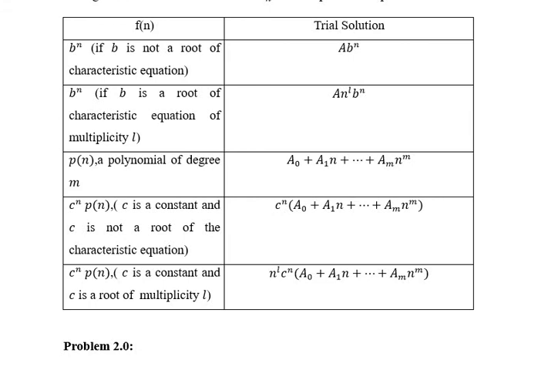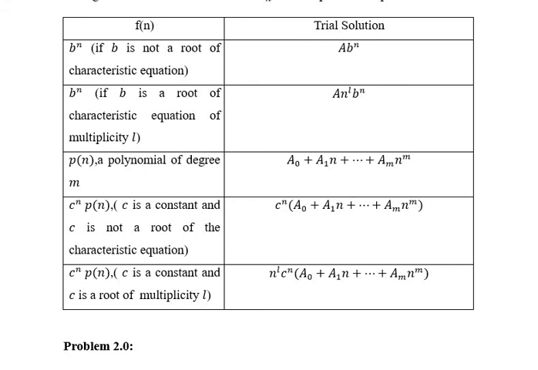Next, if b is a root of multiplicity L, then A times n raised to L into b raised to n. L is the multiplicity, that is, how many times that root has been repeated.